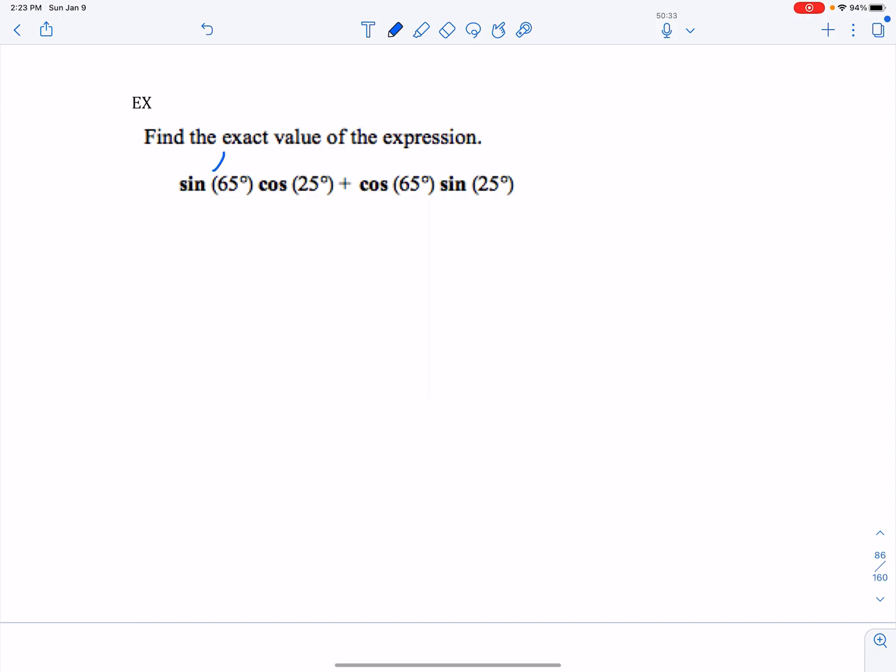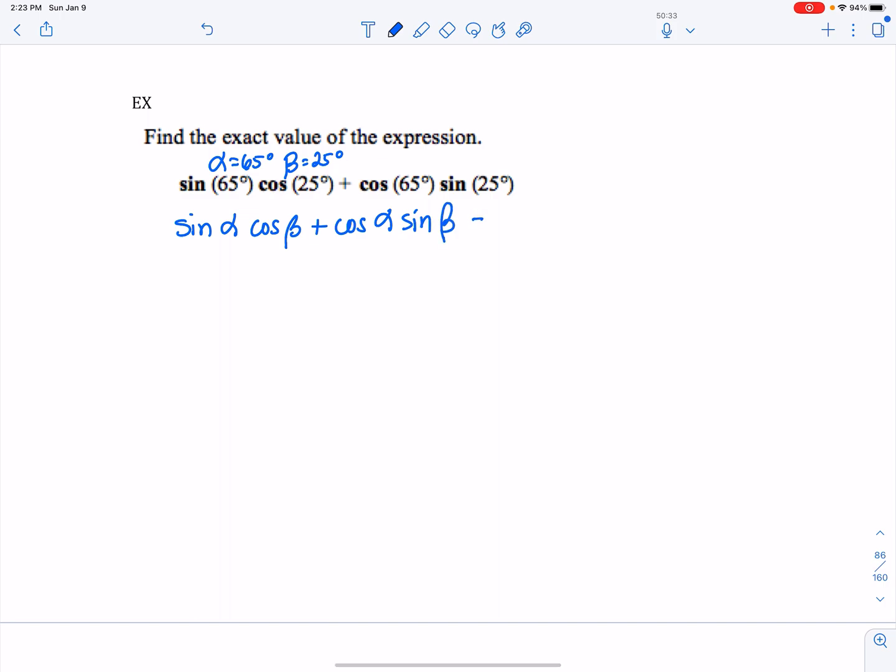So I can say that alpha equals 65 degrees, and I can say that beta equals 25 degrees. So if I do that, I can substitute in for 65 alpha and for 25 beta. So this looks like this: sine alpha cosine beta plus cosine alpha sine beta.